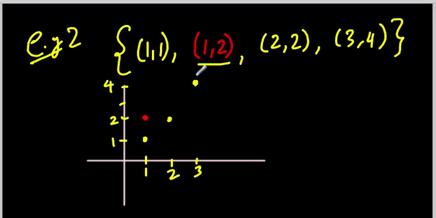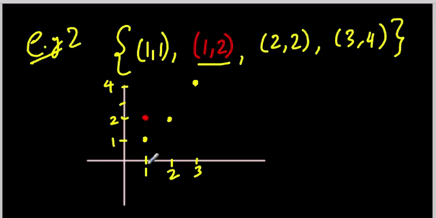Now for this collection of points, this is not a function. For the input 3, we only have one output, which is 4. For the input 2, there's only one output, which is 2. But for the number 1, we have 2 outputs. We have 1 here, and we also have 2 here. So we have 2 outputs for the same input.